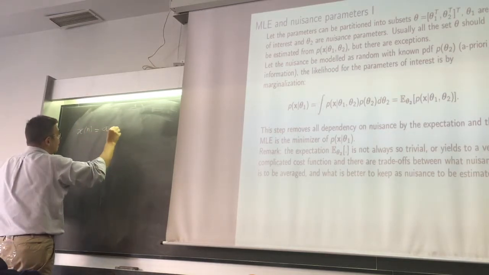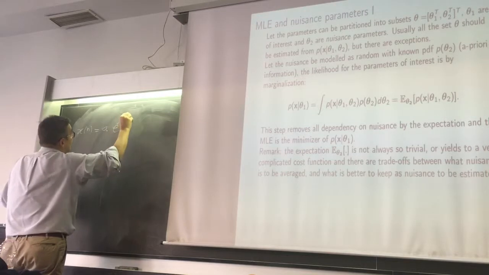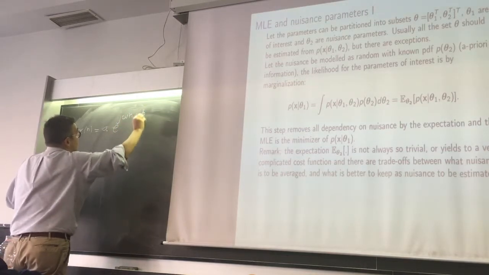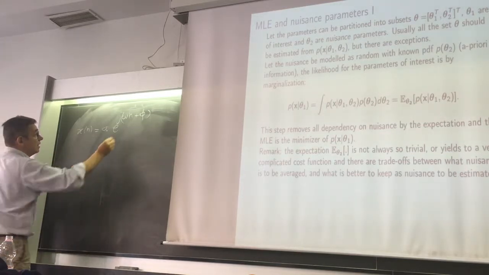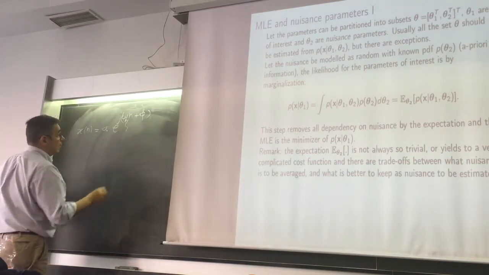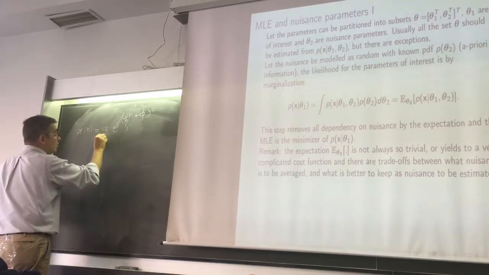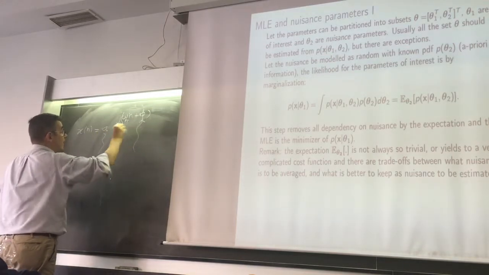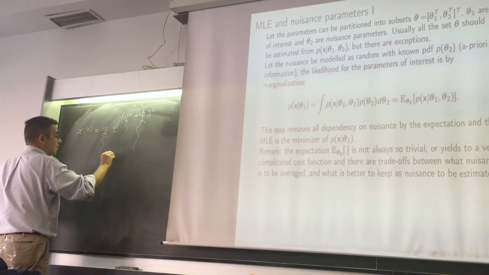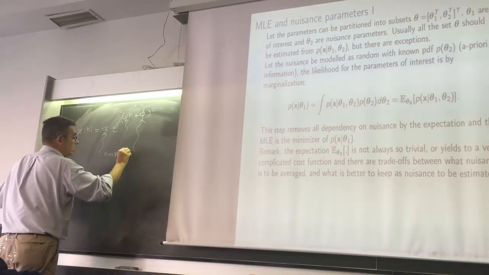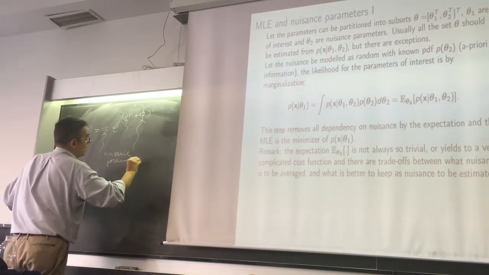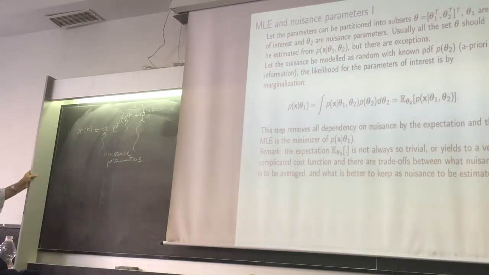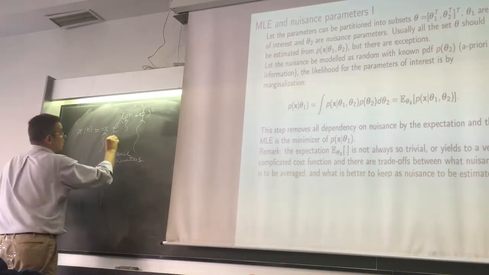So I have A e^{j(omega n + phi)}. So my parameter of interest is omega. Now this amplitude and phase are nuisance. My goal is to get the frequency. So this is the parameter of interest.